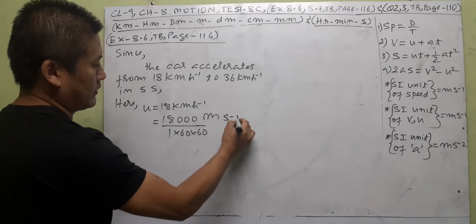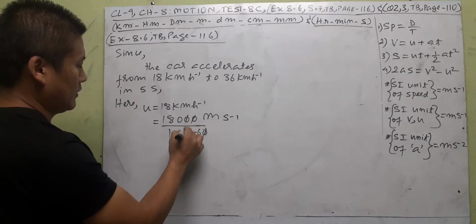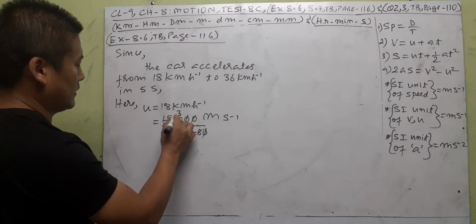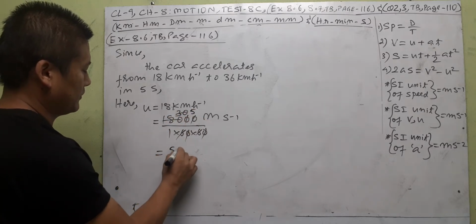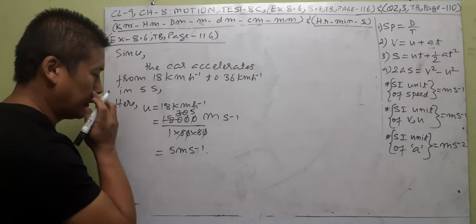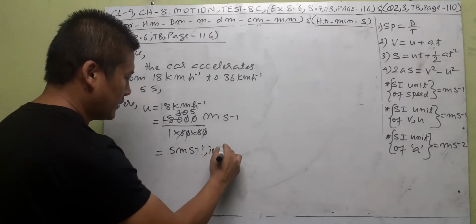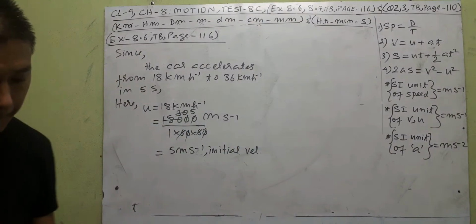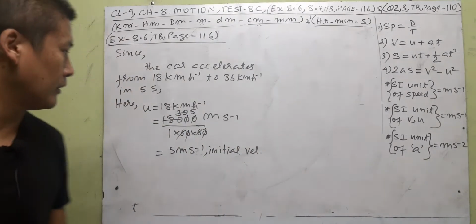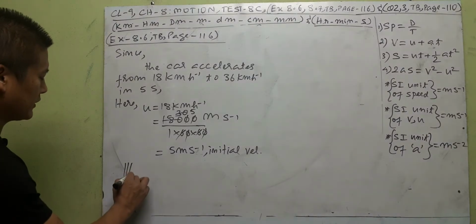So here per second. The zeros cancel. 6 3s are 18, 6 5s are 30. So this is 5 meter per second. This is the initial velocity of the car.